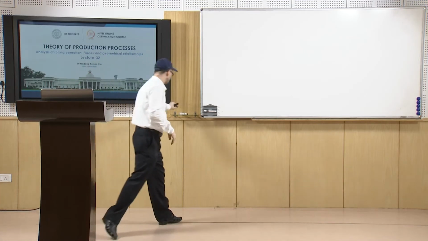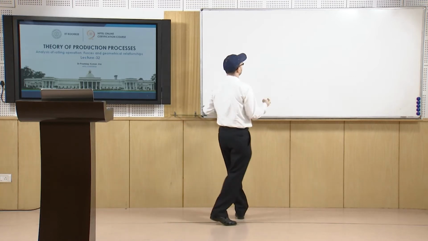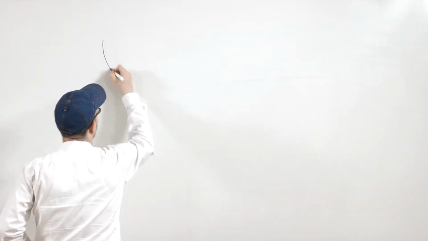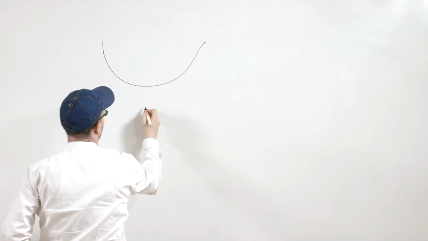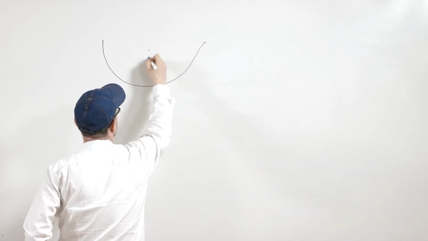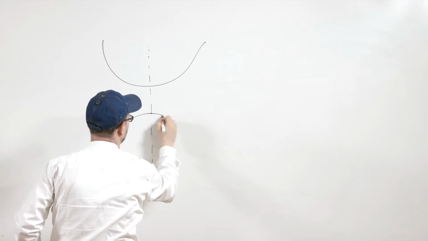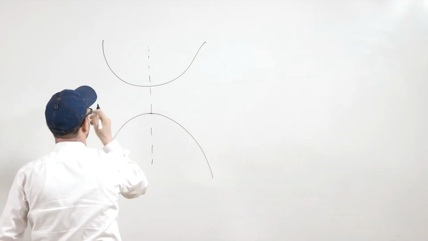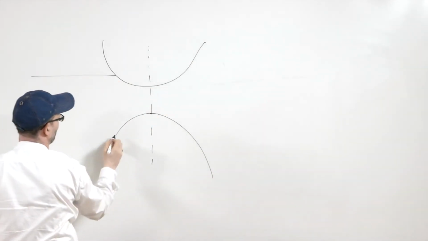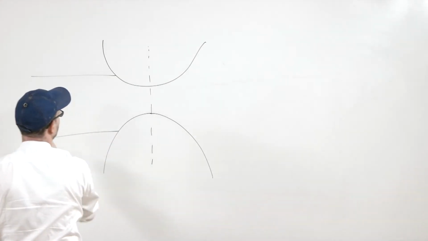To understand it like this, suppose you have one roll, and you have another roll like this. Suppose you have one strip coming like this.